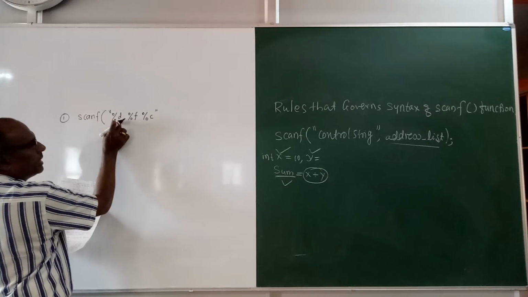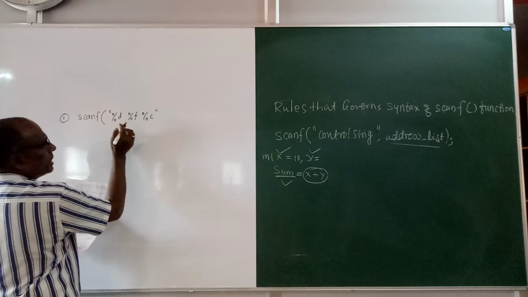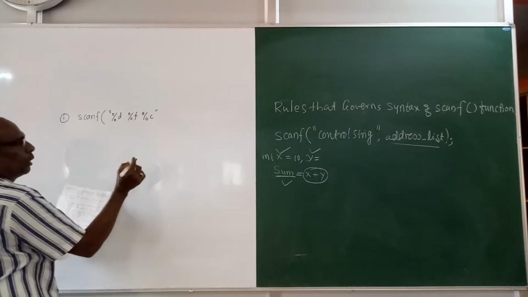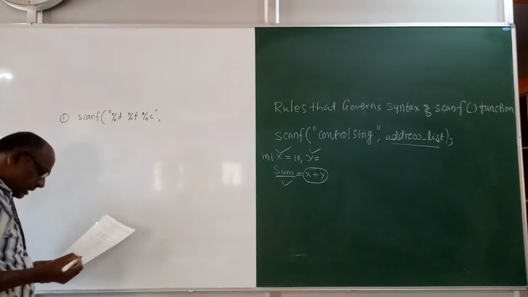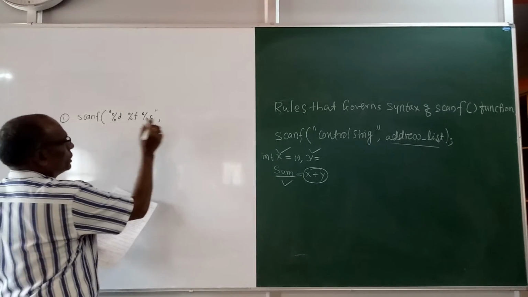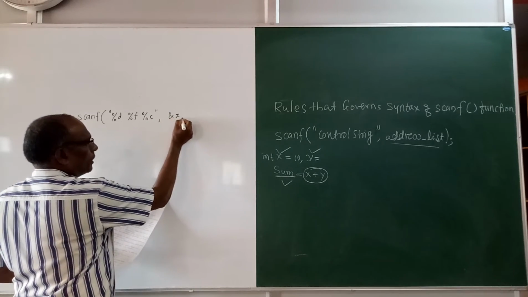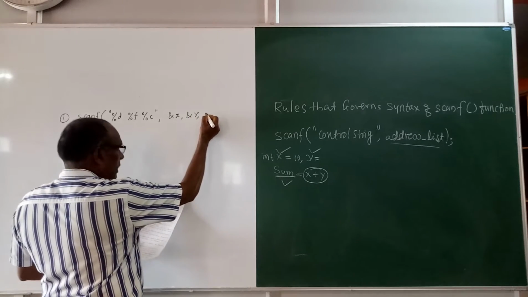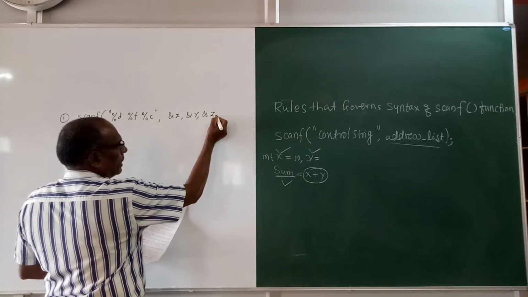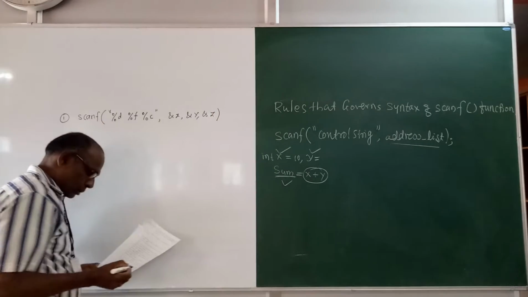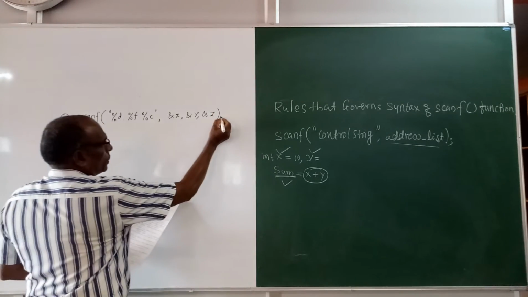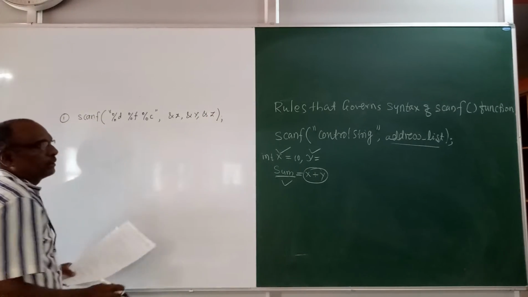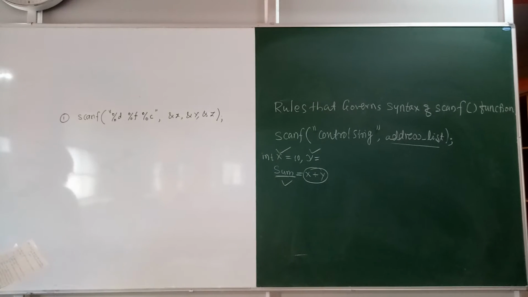You can write it this way, or you can leave out the spaces; that is optional here, but there must be a comma. Now &x, comma, &y, comma, &z. This is to be included in the parenthesis and terminated with a semicolon.